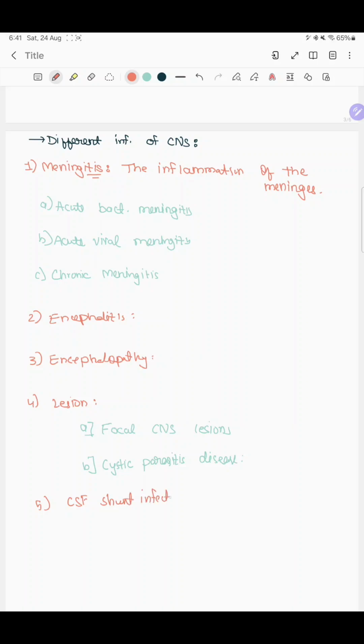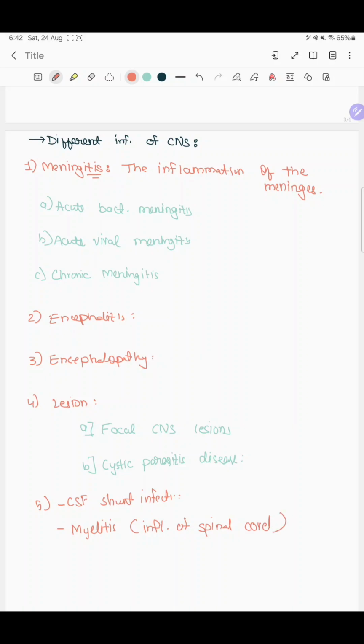The other infections which can be caused in the CNS include your CSF shunt infection. As studied earlier, these are mainly caused by bacteria. Then it can be your myelitis, which is the inflammation of the spinal cord, like polio.